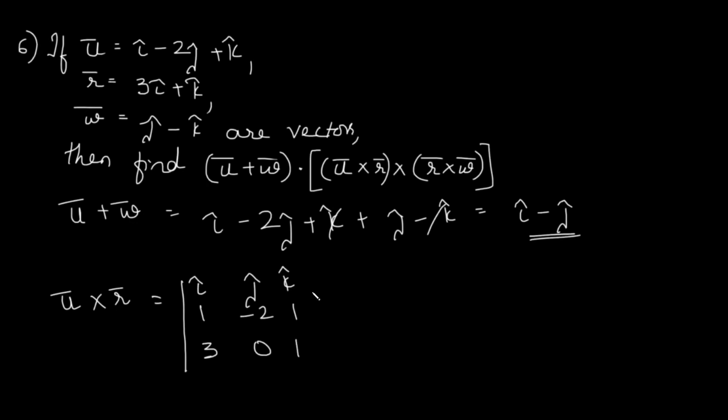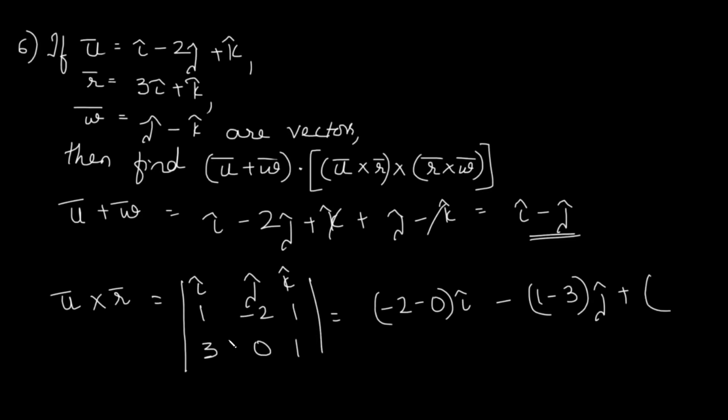So in this case we get I into minus 2 minus 0, minus j into 1 minus 3, plus k into 0 plus 6. Thus we get minus 2I plus 2j plus 6k.